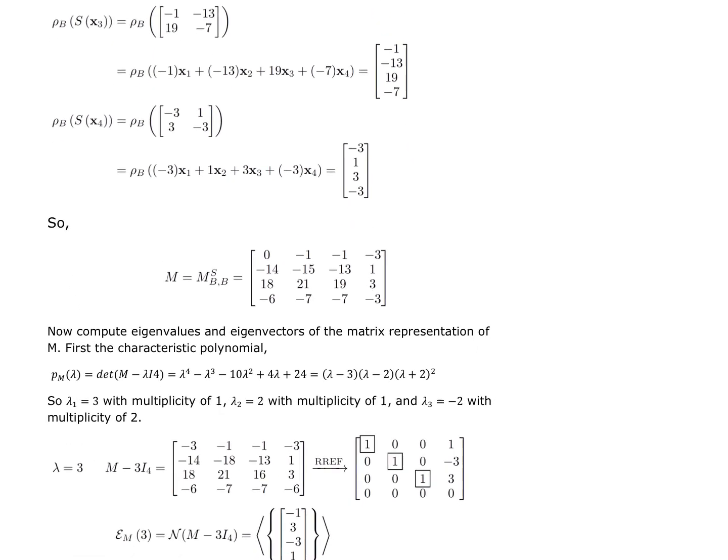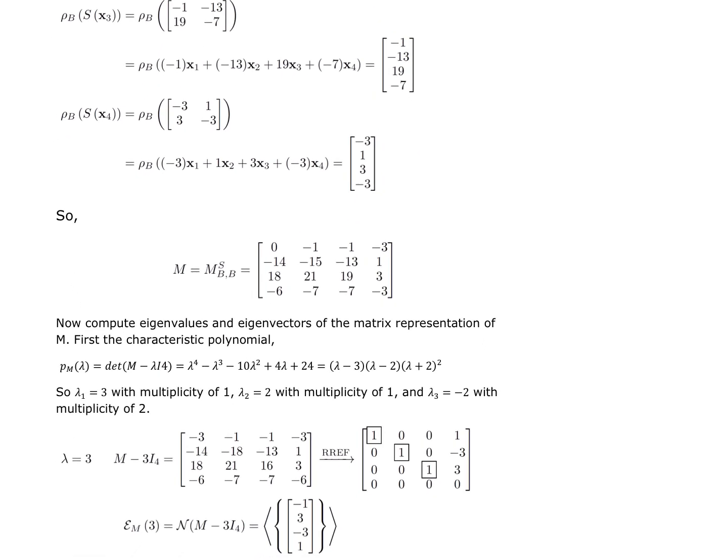Going through the whole process, I end up with this matrix representation of my linear transformation S from B onto B, just like we did before. I find the determinant of this matrix minus lambda times the identity matrix of size 4, and I end up with this characteristic polynomial, which gives me these lambdas.